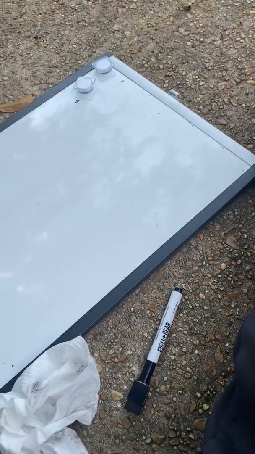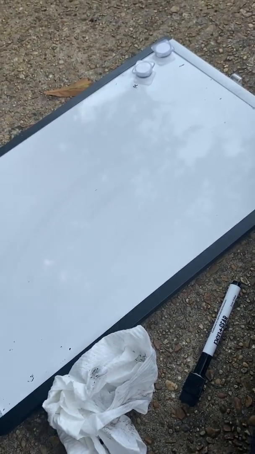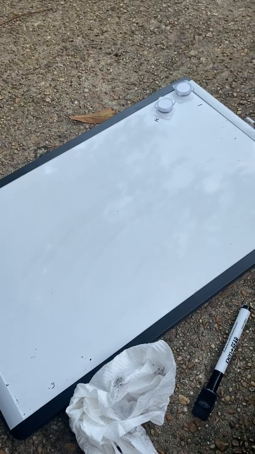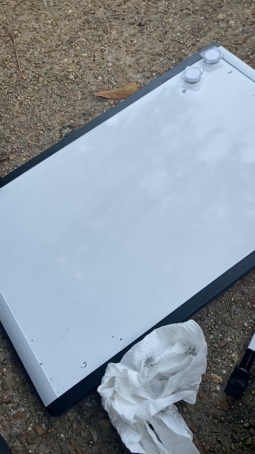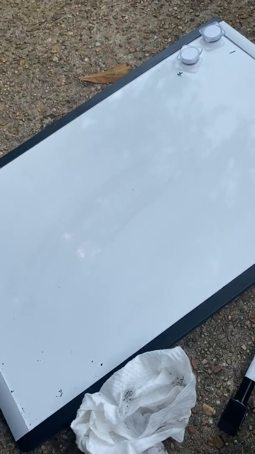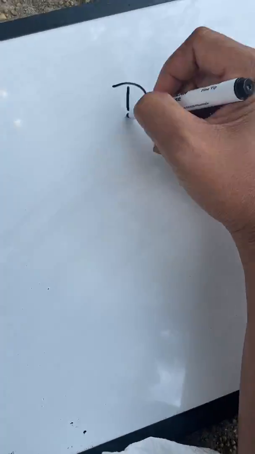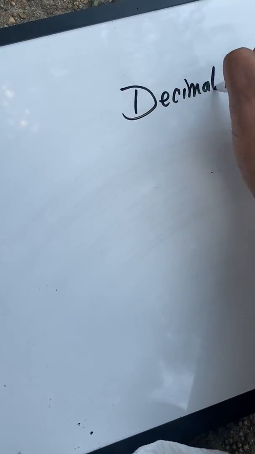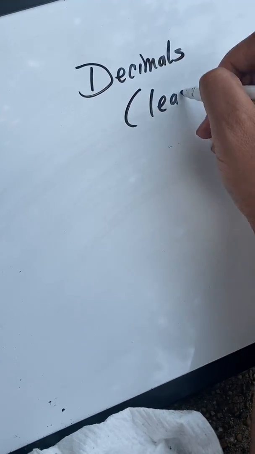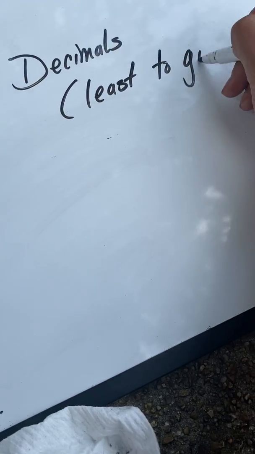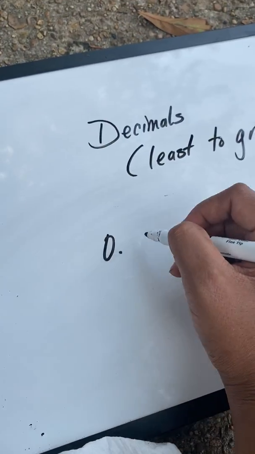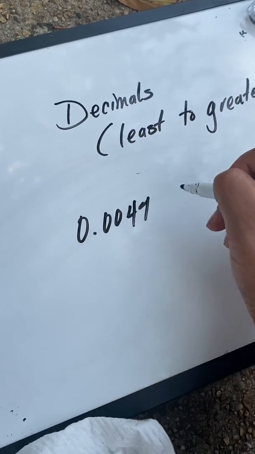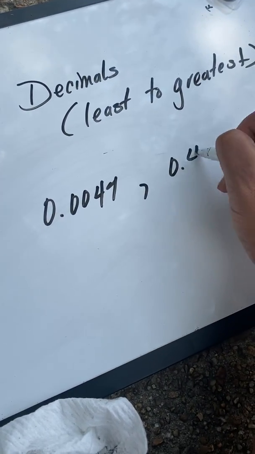Now, we did those examples for the metric system. Trying to think if there is anything else that I need to cover. Oh yes, I do need to cover one last thing, and then I'm going to let you guys go. When you're dealing with decimals and it says least to greatest, people get confused, and I just want to cover this.